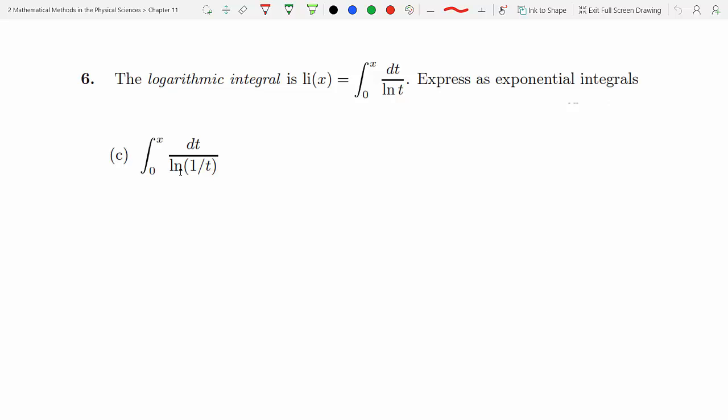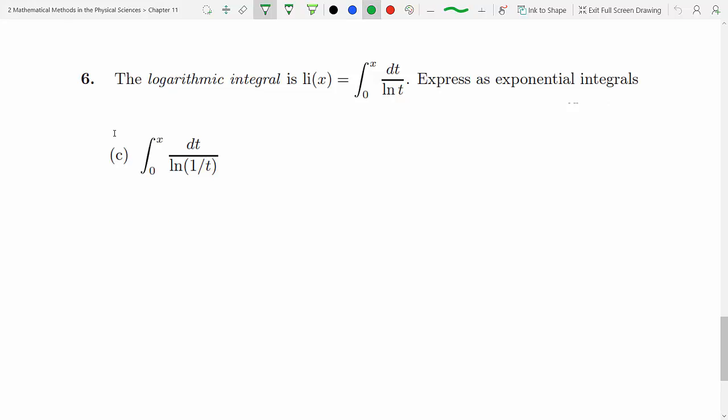You know, the first thing that comes to mind is substitution. What would you substitute to put that into an exponential integral? The first thing that comes to mind, substitution. That's the hint. I mean, how would I end up substituting?